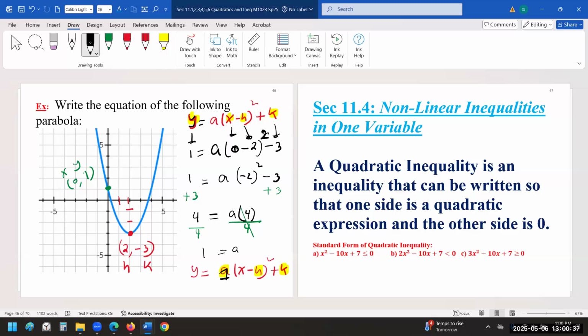We write 1 here. h is 2, so we write 2 here. And our k is -3, so we write -3 here. And that's it. This is our equation.